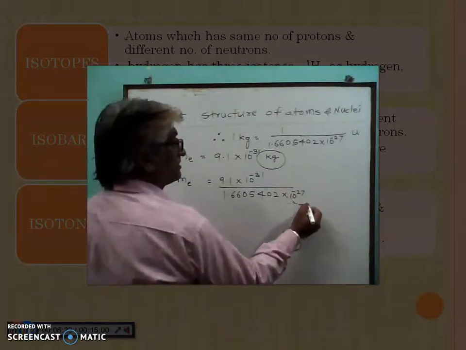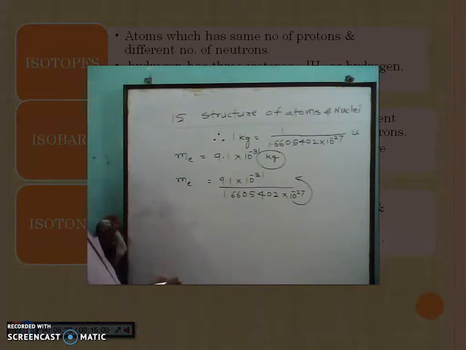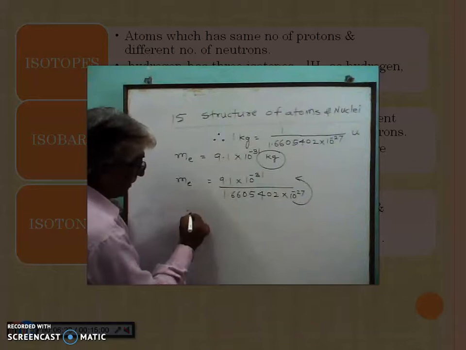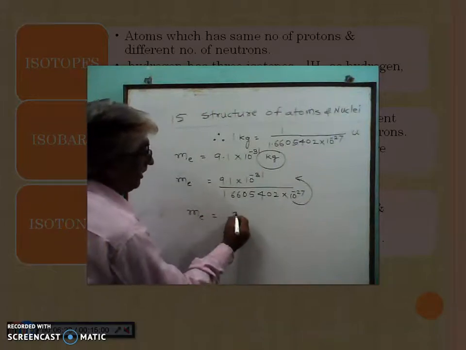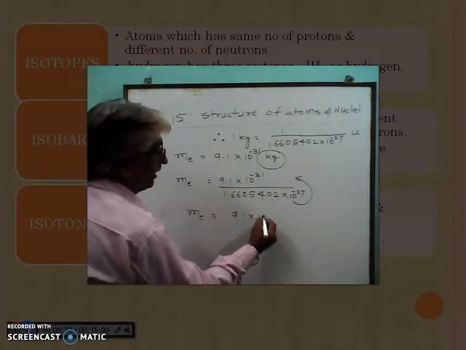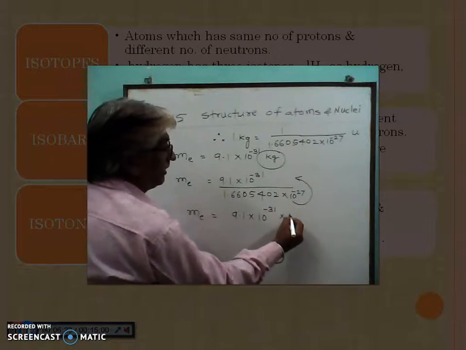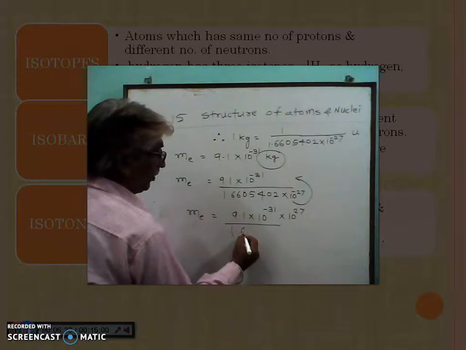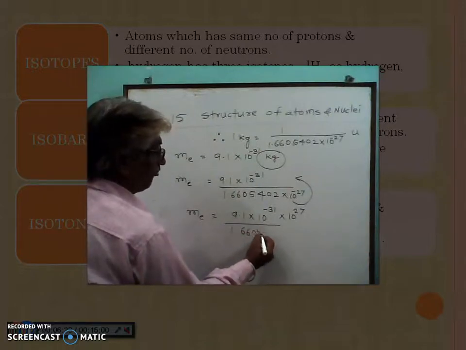If 10 to the power minus 27 is shifted to the numerator, mass of electron will be 9.1 into 10 to the power minus 31 into 10 to the power 27 upon 1.6605.